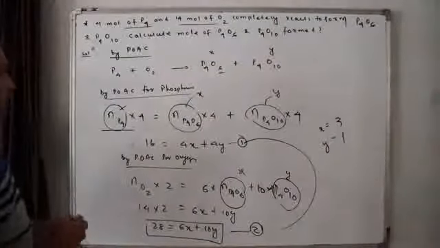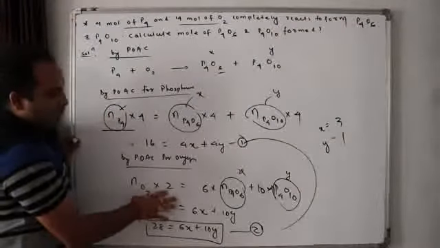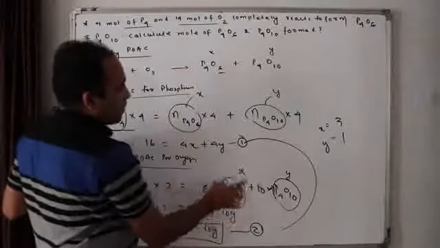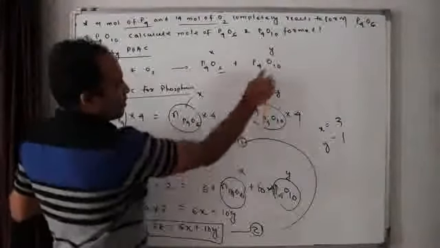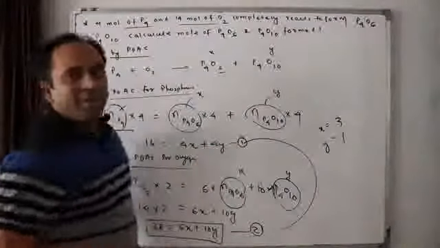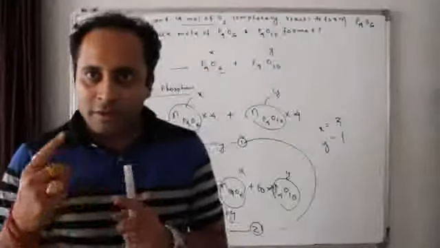For oxygen, number of moles of oxygen into number of oxygen atoms in it is equal to 6 into number of moles of P4O6 plus 10 into number of moles of P4O10. This is POAC. Clear? One more example.